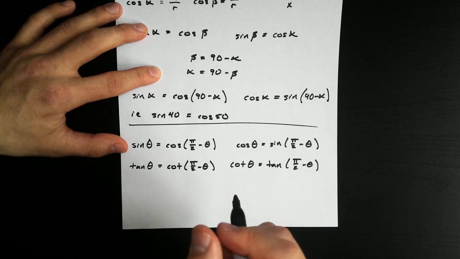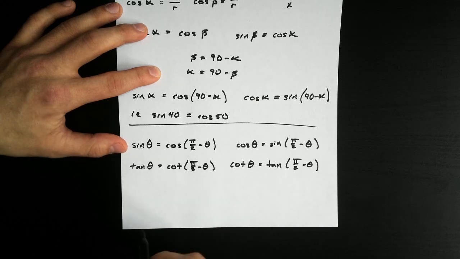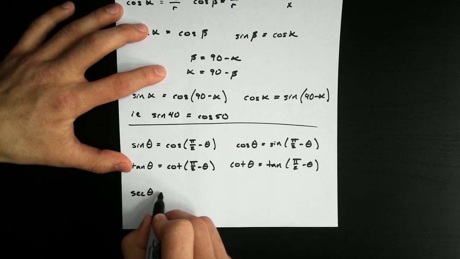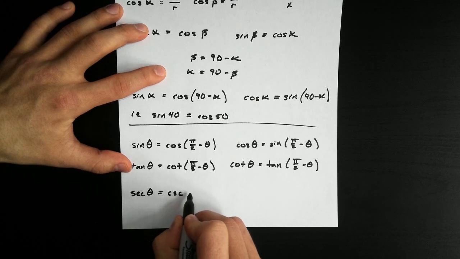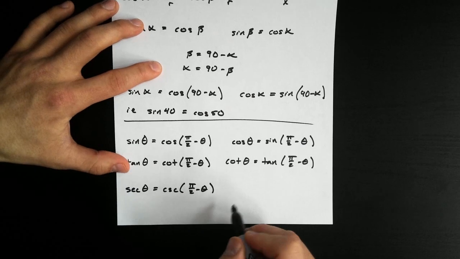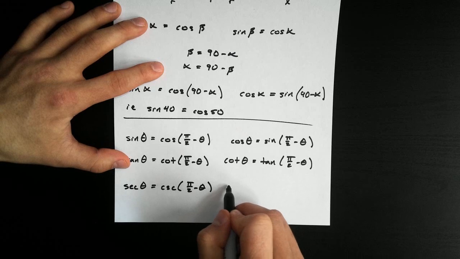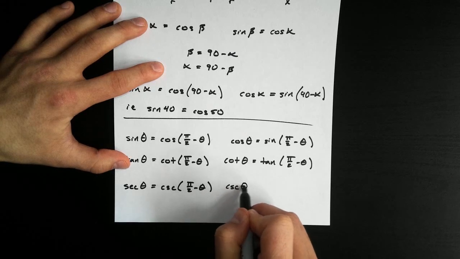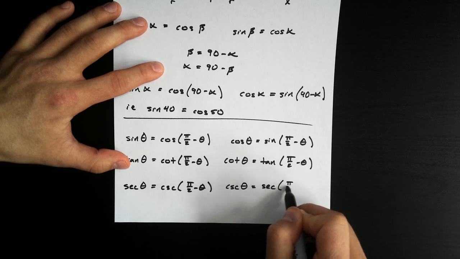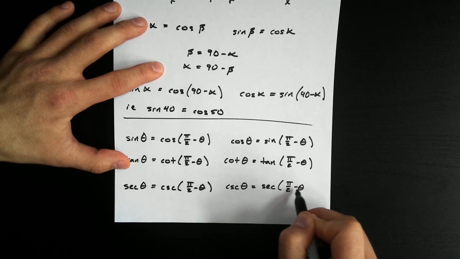And then the last pair, the secant and cosecant. So the secant of theta is a cofunction with cosecant, and vice versa, we have cosecant of theta and secant of pi over 2 minus theta.